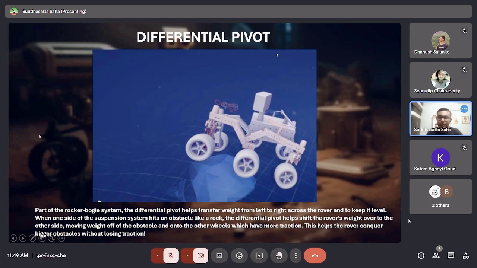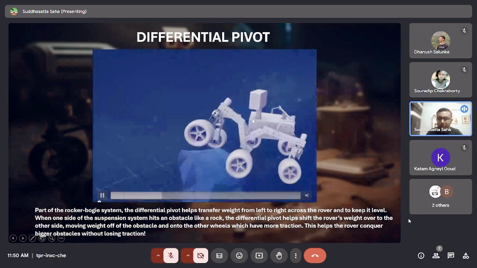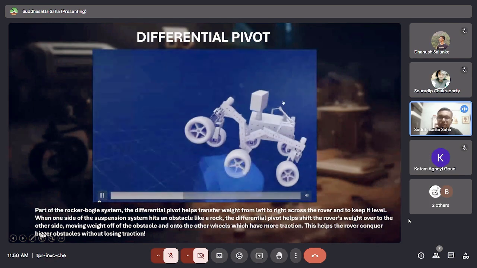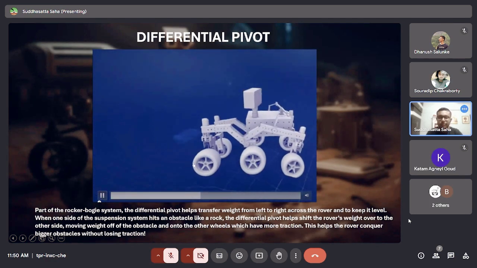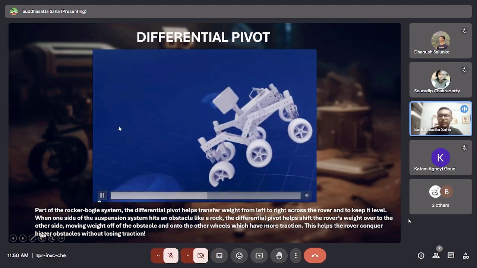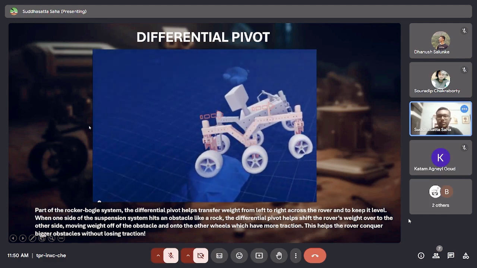You see, the basic function of this differential pivot is that suppose this rover encounters an obstacle in its path. What this is doing is the differential pivot transfers all the weight on this side to the other side, say from left to right or from right to left. Which means the differential pivot is basically transferring the weight of the obstacle to the side which already has good traction.